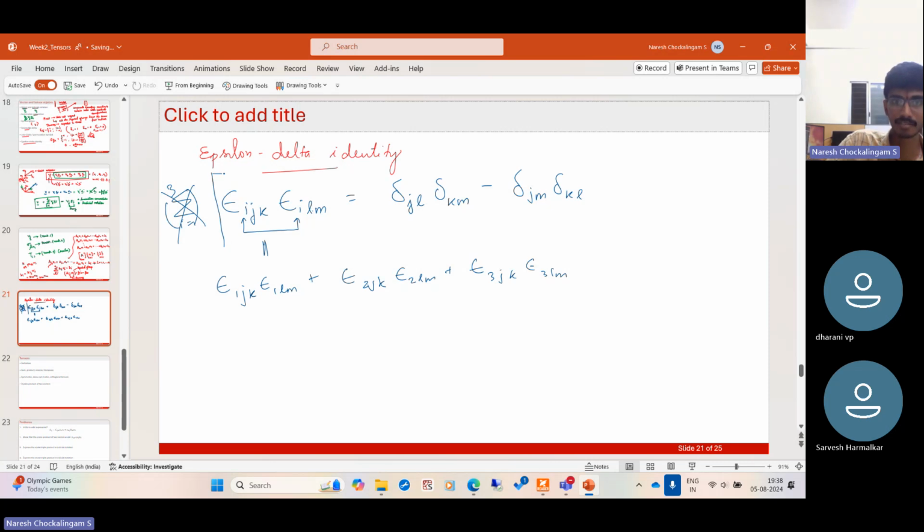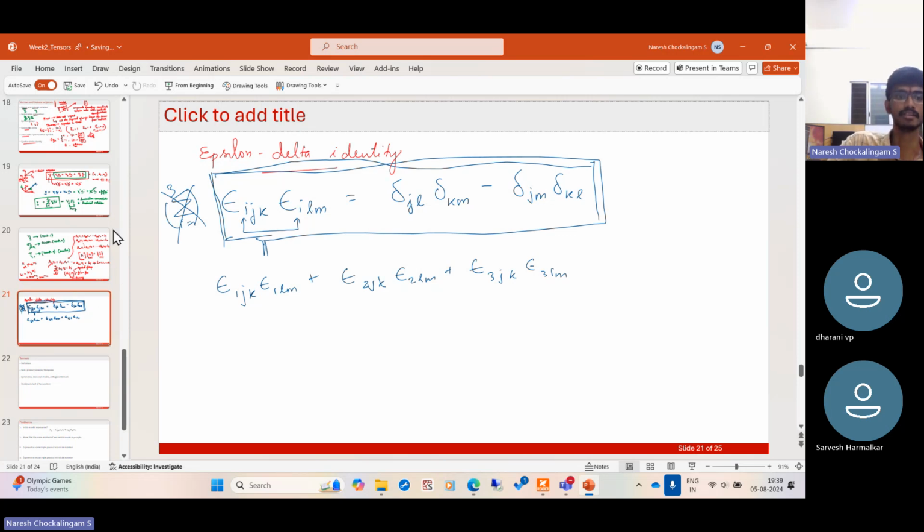The proof of this is that if you just expand everything with all its special cases, it's direct. So this is called the epsilon delta identity. It is useful for deriving certain formulas for vector products of 2 or 3 vectors, the cross product and things like that.